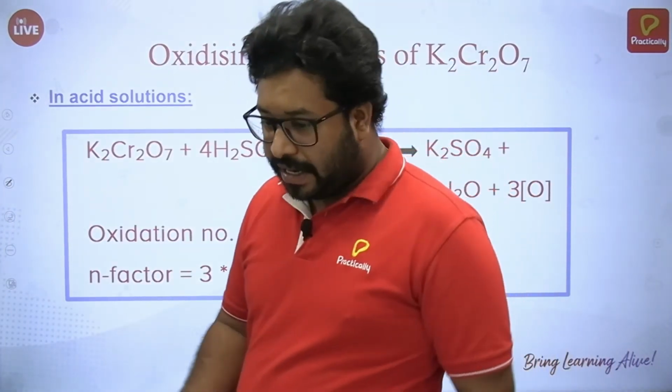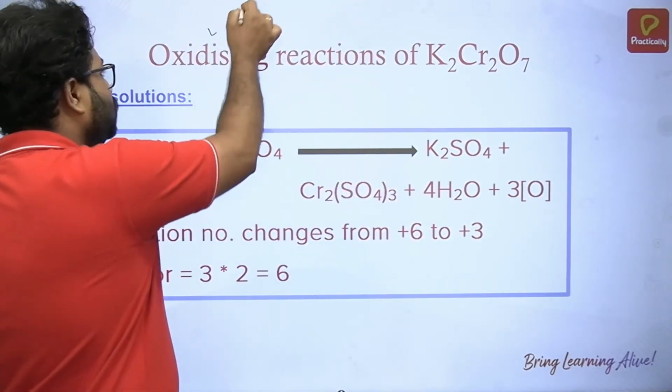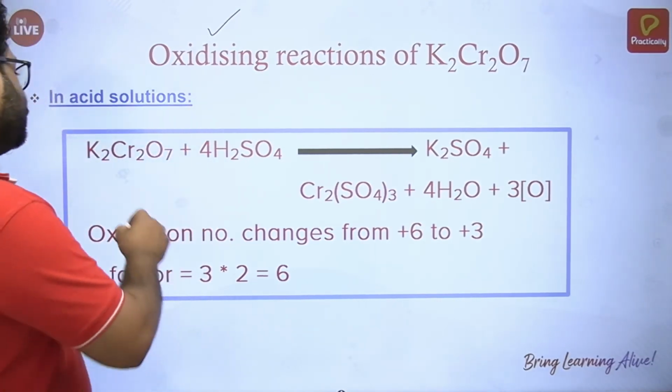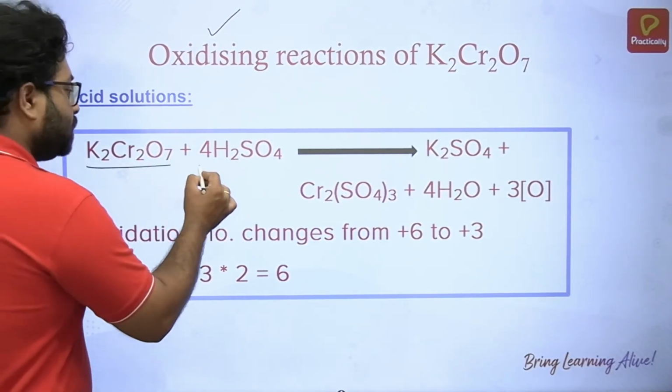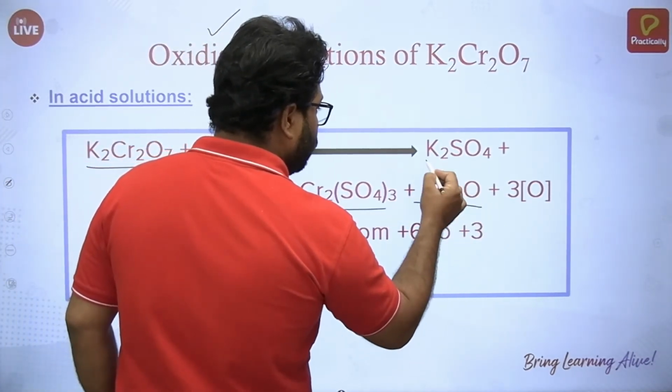Look at the properties. K2Cr2O7 is a very strong oxidizing agent. How? K2Cr2O7 on reaction with sulfuric acid gives you chromium sulfate, H2O, K2SO4.